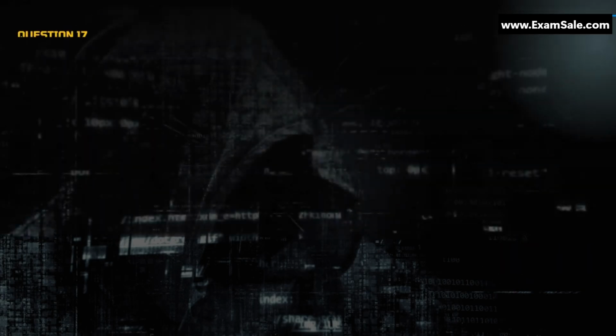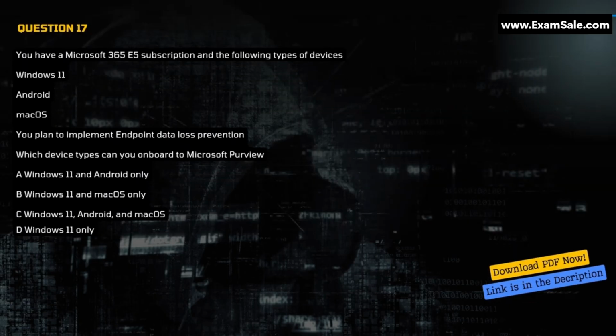Question 17. You have a Microsoft 365 E5 subscription and the following types of devices: Windows 11, Android, Mac OS. You plan to implement endpoint data loss prevention. Which device types can you onboard to Microsoft Purview? A. Windows 11 and Android only.